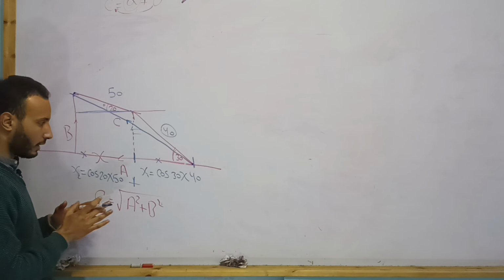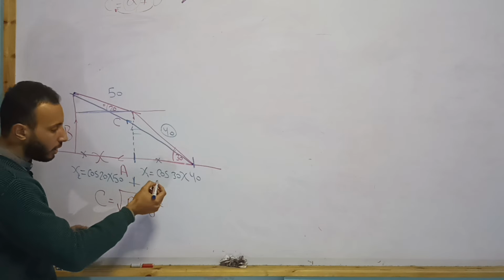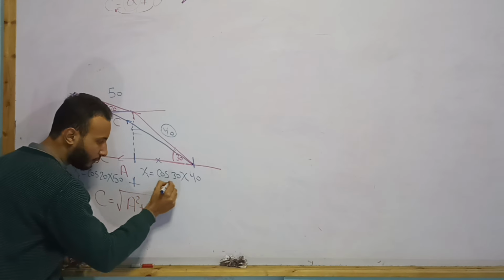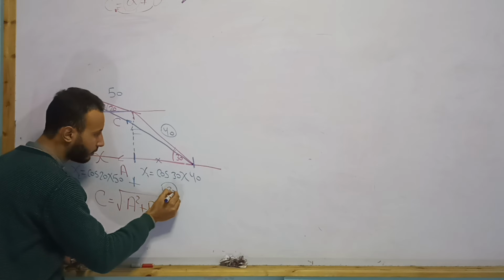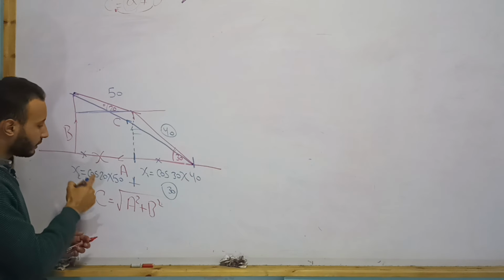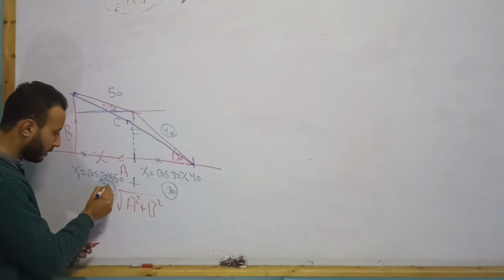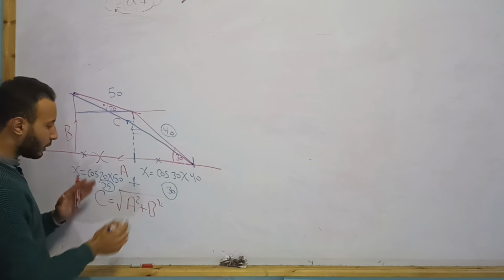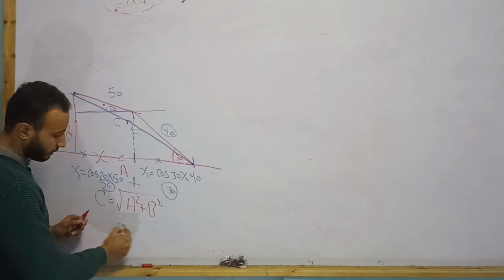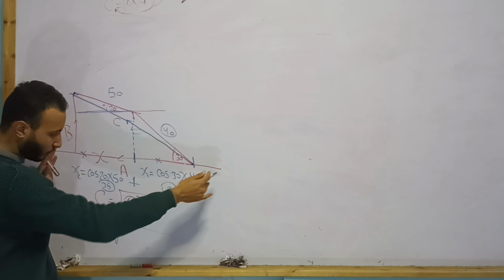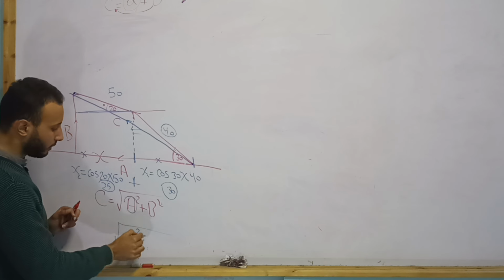For example, I don't know the exact number because I don't have a calculator right now. But if this part was 30 and this part was 35, the total x is equal 65. So I'll say here we get the A, which is the total x, equal 65 square.